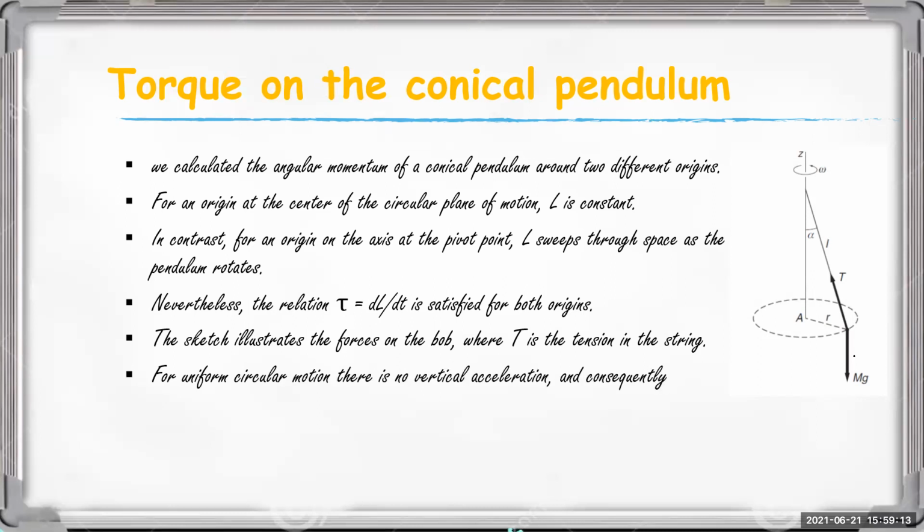For uniform circular motion, there is no vertical acceleration.